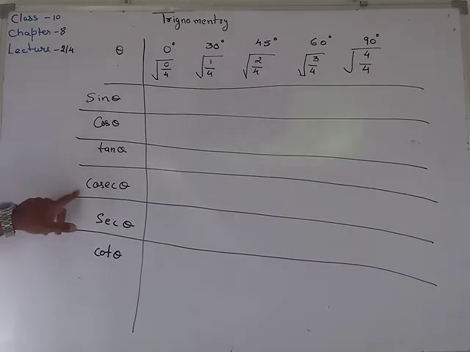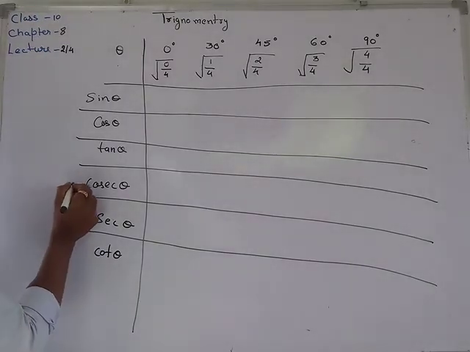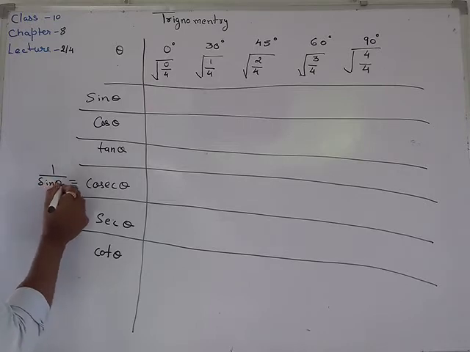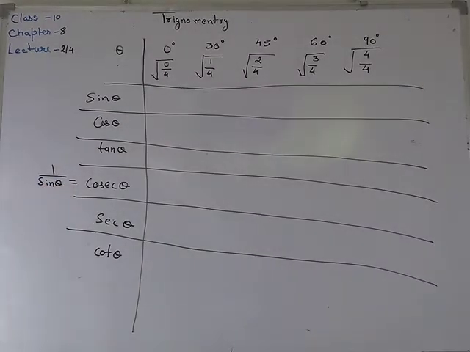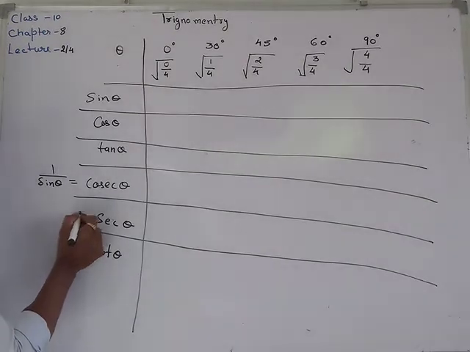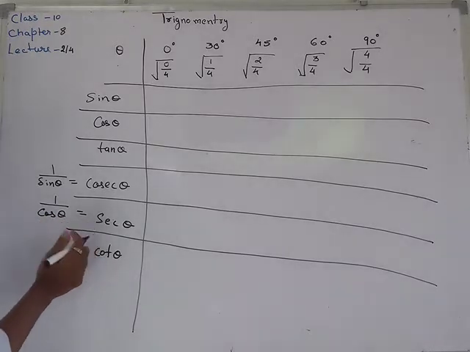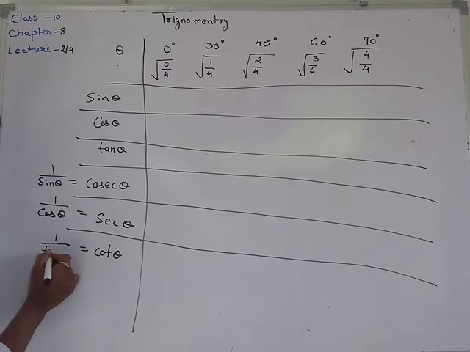Now this cosec theta is equal to 1 upon sin theta, means inverse of sin theta. Sec theta is equal to 1 upon cos theta, means inverse of cos theta is sec theta. Cot theta is equal to 1 upon tan theta, which means that inverse of tan theta is cot theta.